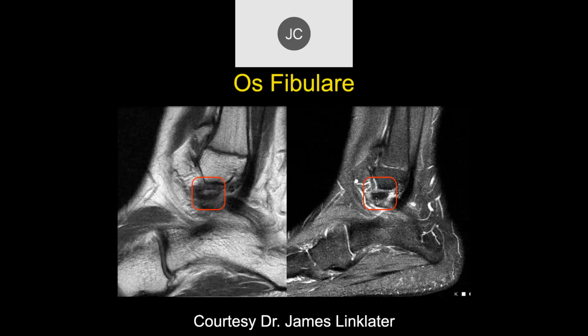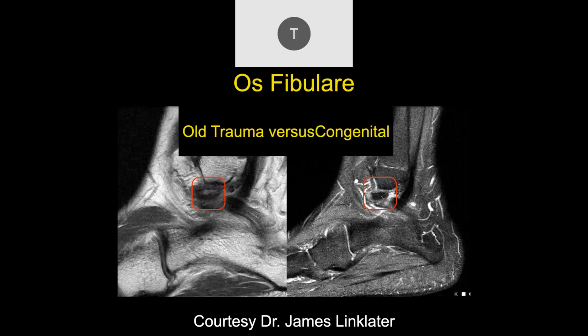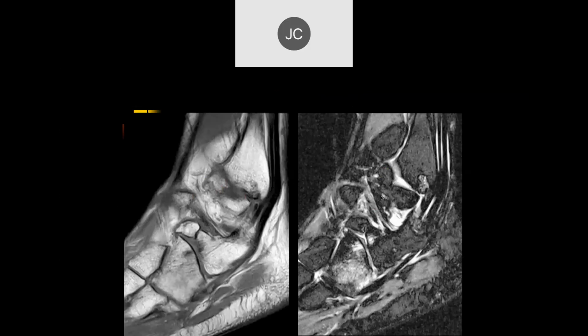I'm sure not all of them are, but commonly, I think that's the case, and you'll see very frequently a mature anterior talofibular ligament attached to the unstable ossicle and not to the base of the fibula. So again, the old debate of old trauma versus congenital, and those are pretty common.